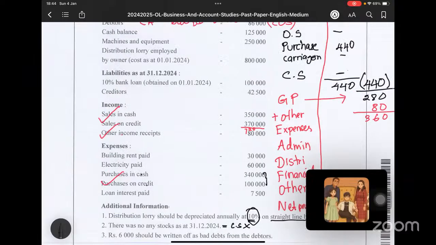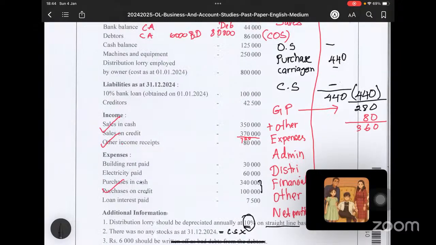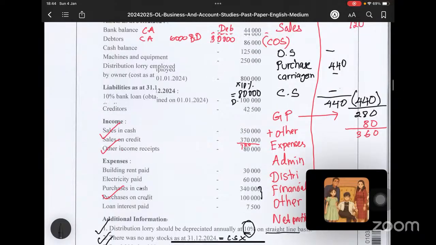Distribution lorry employed by owner 800,000. 800,000 into 10%, it's 80,000. So that is depreciation. The second one, we know that there's no closing stock. Third, 6,000 should be written off as bad debt. Here, we have done that. So that also we have done. Okay. So moving on to the expenses.